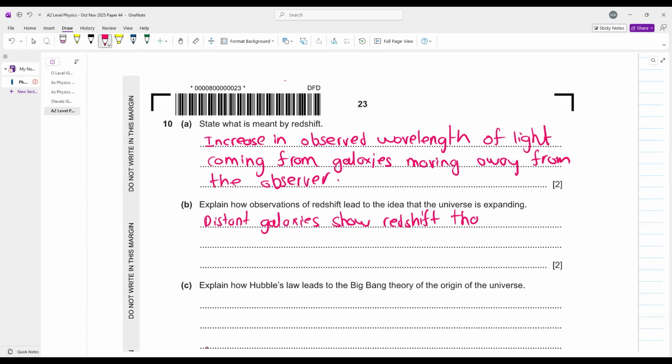That means they are moving apart. Since galaxies are moving apart, this means the universe is expanding.